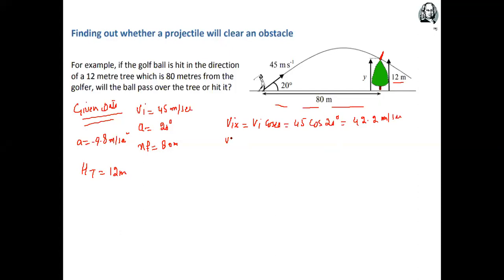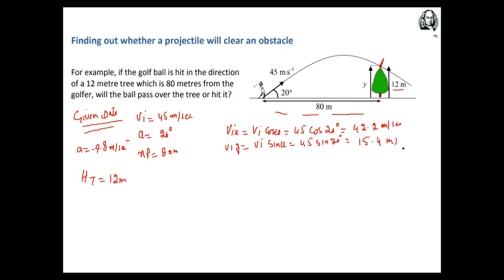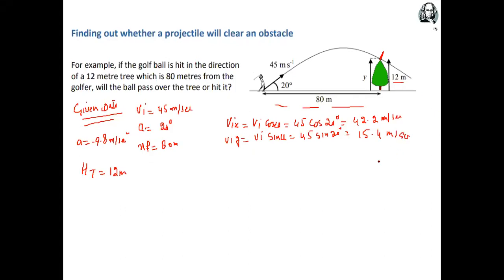What about Viy? Viy is equal to Vi times sine of theta, 45 times sine of 20 degrees, equals 15.39, so I will write 15.4 meter per second. These are the horizontal and vertical components.